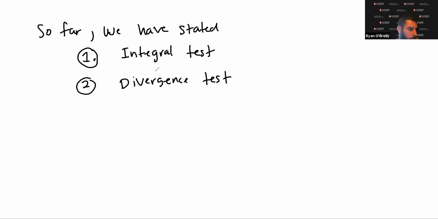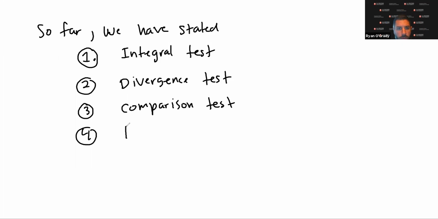And then after the divergence test and integral test, we had the so-called comparison test. And then we also had what's called the limit comparison test. So we stated the last two on Tuesday, and then the first two we did last week.